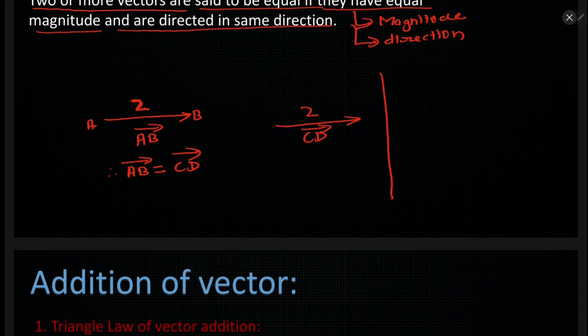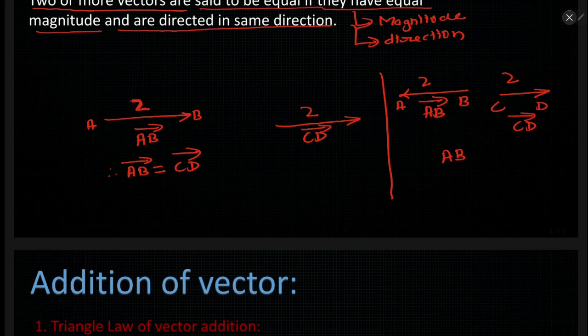Let us take another example. Here this is vector AB whose magnitude is 2. Here another vector we have, CD, whose magnitude is 2. Here we can clearly see that the direction of vector AB and the direction of vector CD are opposite to each other.